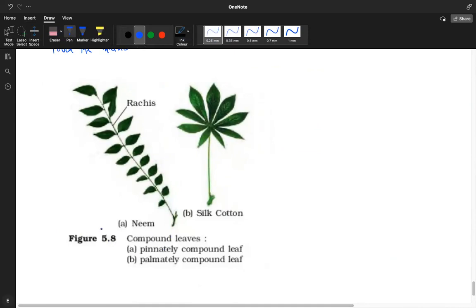So this is a compound leaf. This is from your NCERT. If you see this part carefully, this is the stem and this looks like the petiole, right? And this is the branch. Same is here. This is the branch. And this is acting like a petiole, correct?